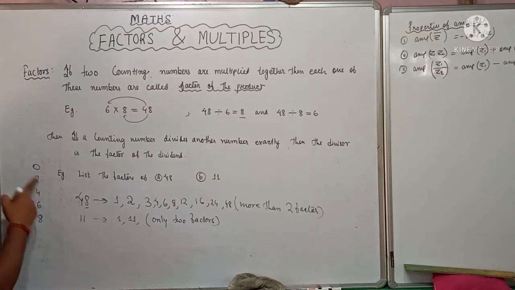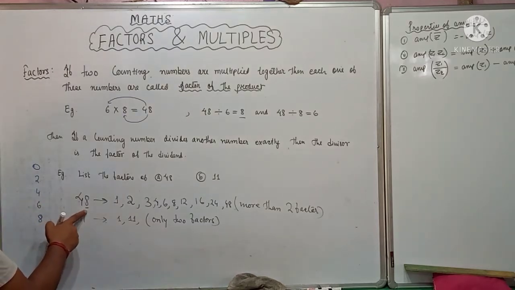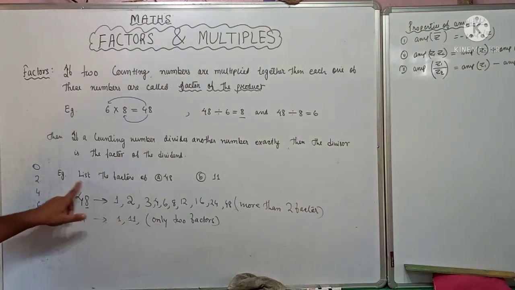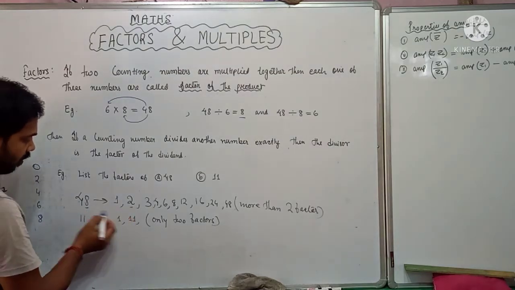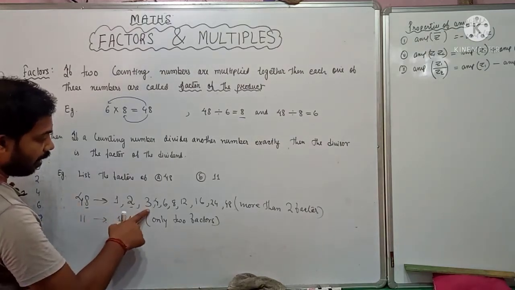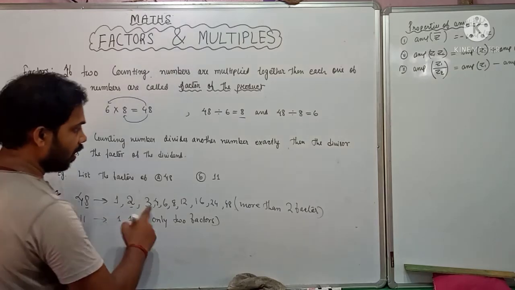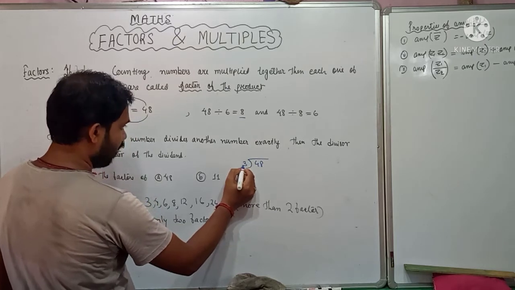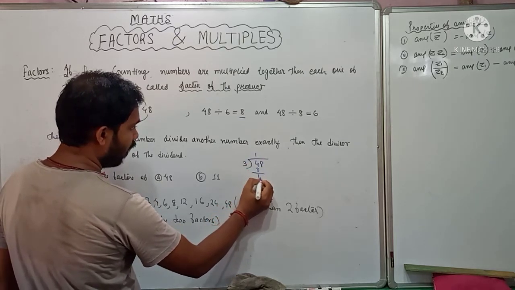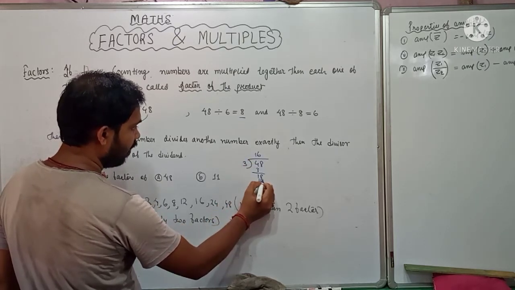If the ones place has this type of digit, then the whole number is known as an even number, and an even number is divisible by 2. Now how did I come to know if it is divisible by 3? I divided 48 by 3. 3 ones are 3, 1, 18, 3 sixes are 18, remainder 0.